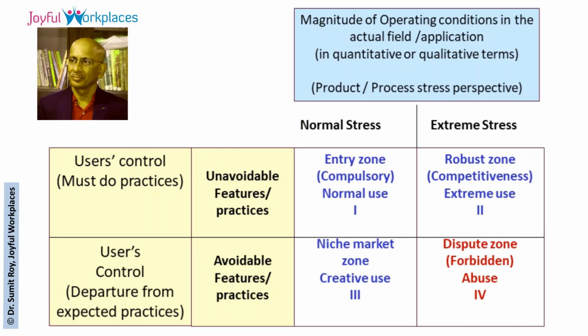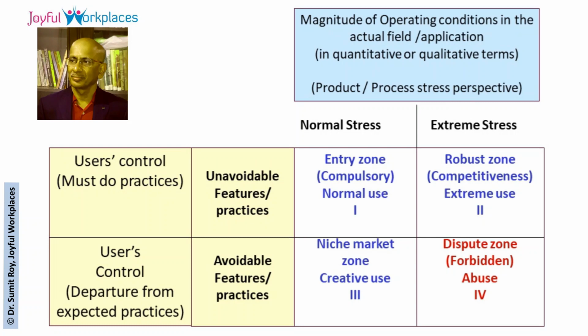One part is unavoidable feature and practice, and another part is avoidable feature and practice. This is totally from the viewpoint of the user's control. I would say that these unavoidable features and practices are the basic practices for which the product has been bought by the customer. Without this, the product cannot be conceived.